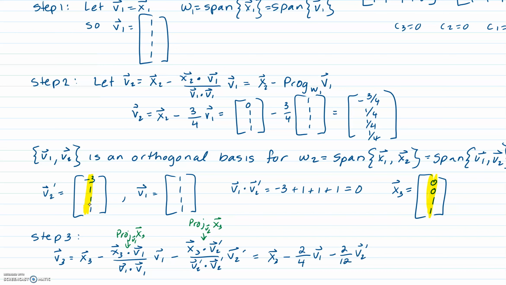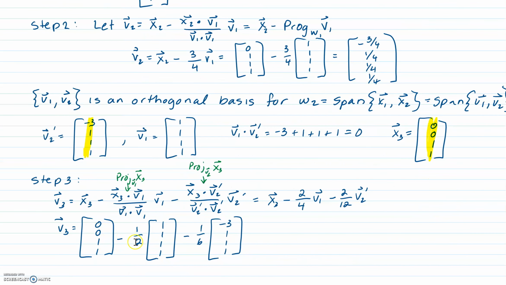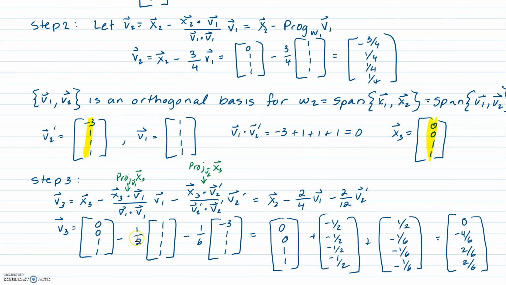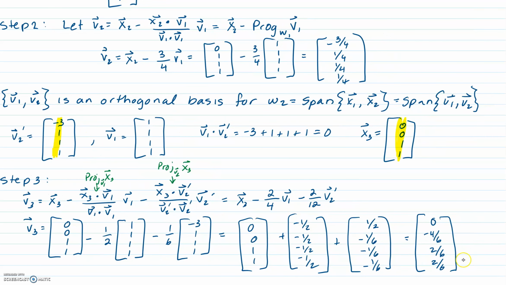That is v3. Plugging in those values, we get x3 minus 1/2 of v1 minus 1/6 of v2 prime. Multiplying in the negative 1/2 and the negative 1/6 and adding them together, you get a vector which reduces to (0, -2/3, 1/3, 1/3).